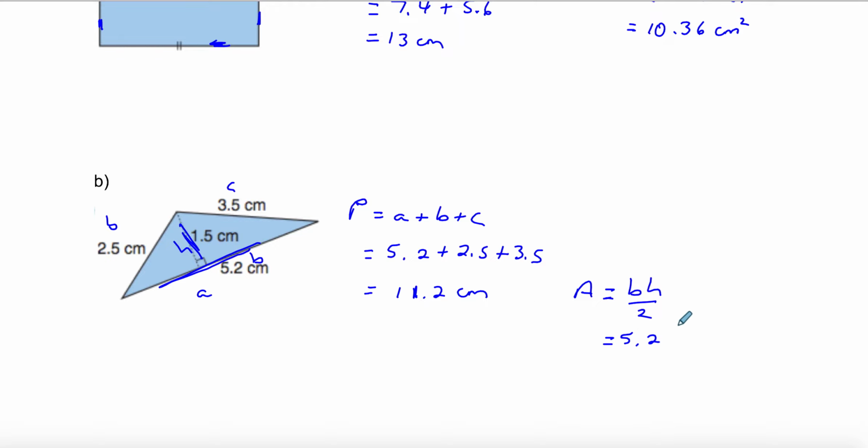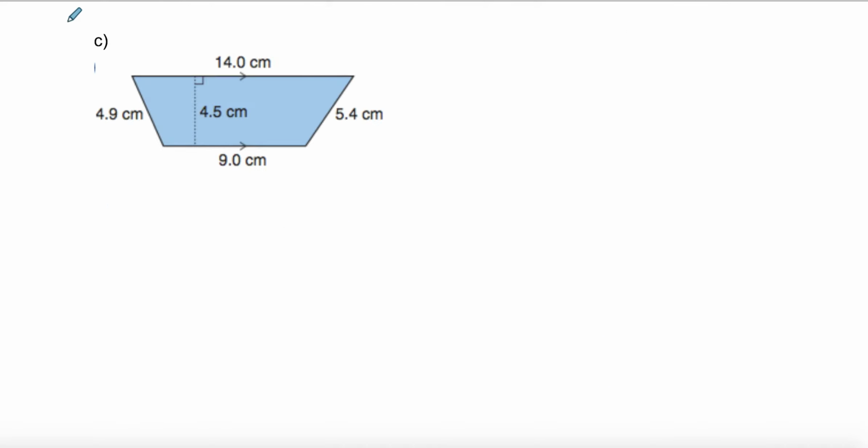The perpendicular height, straight up and down inside the triangle, is 1.5, divided by 2. So multiply the top together, the numerator, and then divide by 2, and I get 3.9 centimeters squared. So I'm pretty happy if you're writing down the formula and the units.